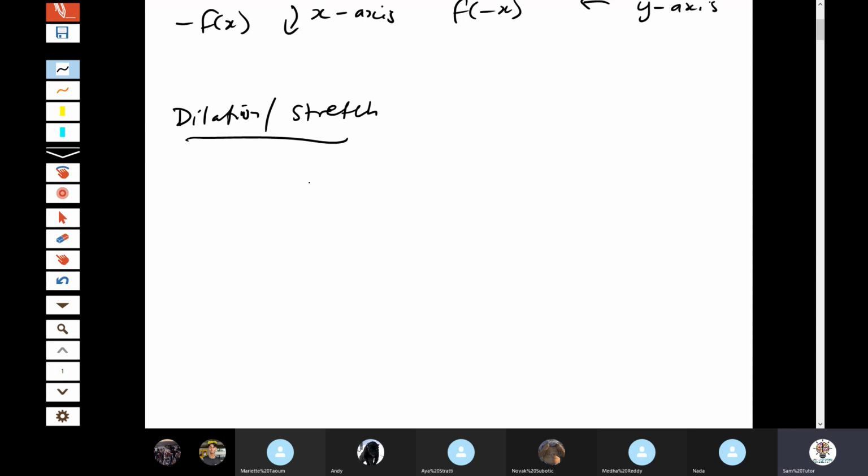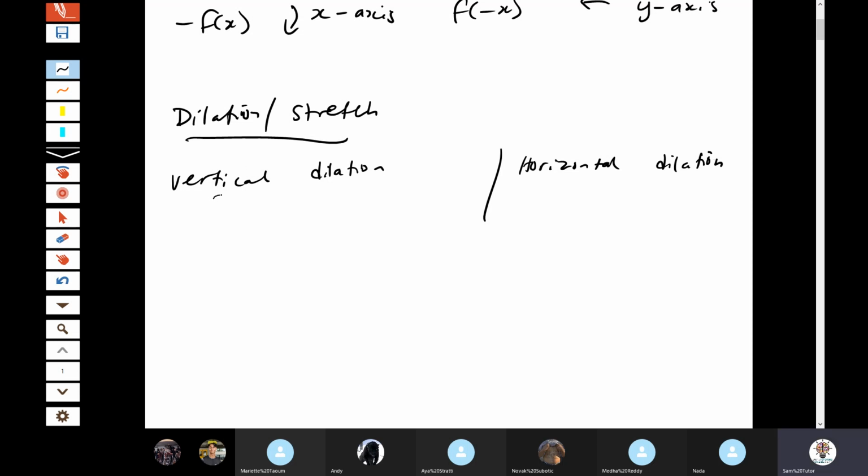So dilation, just so you can understand it better. There are 2 words: vertical dilation and horizontal dilation. Can you help us out?